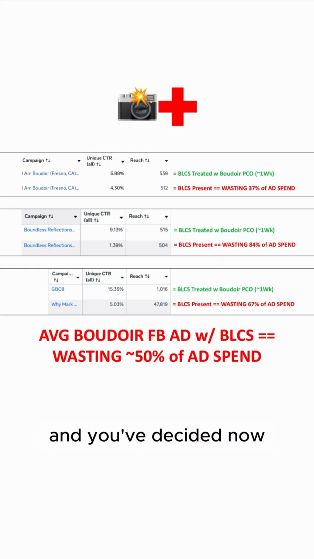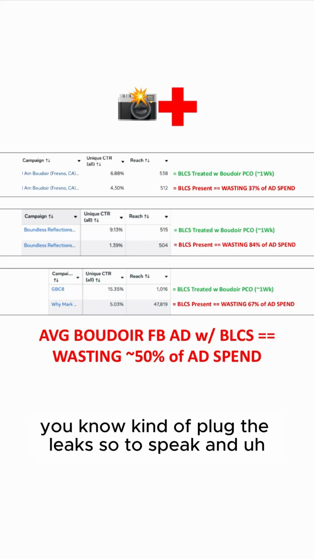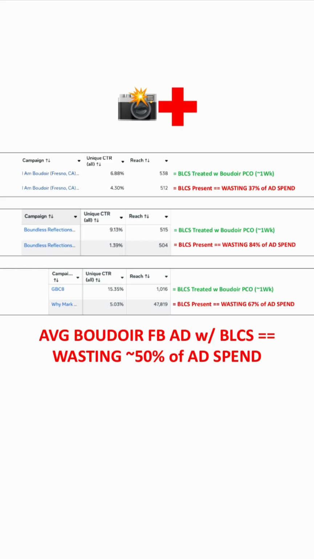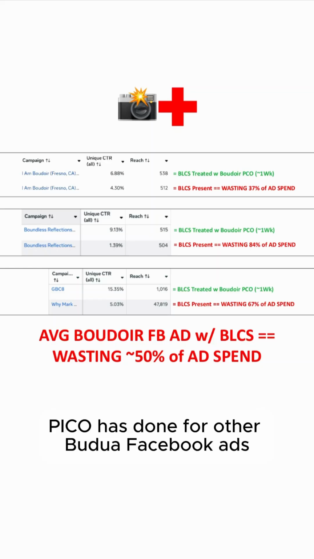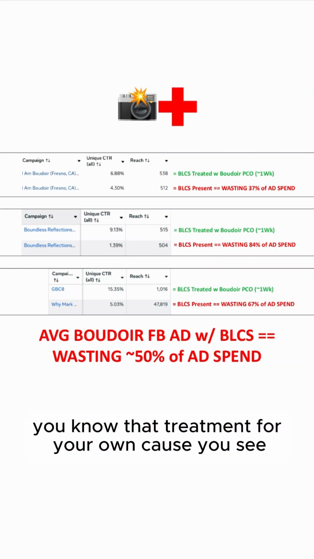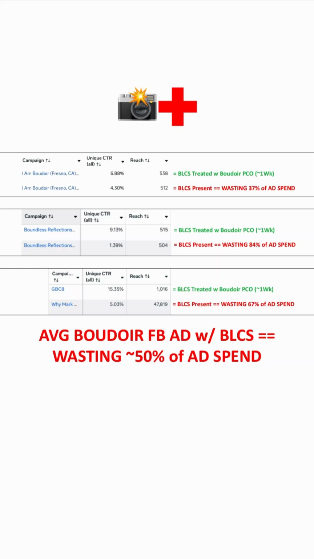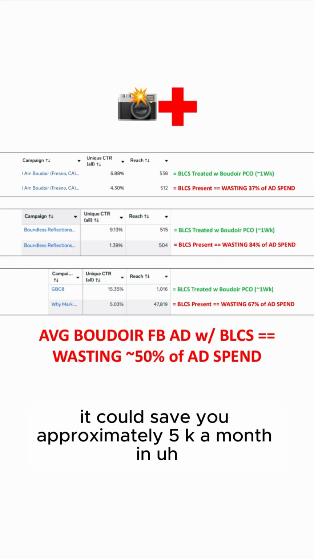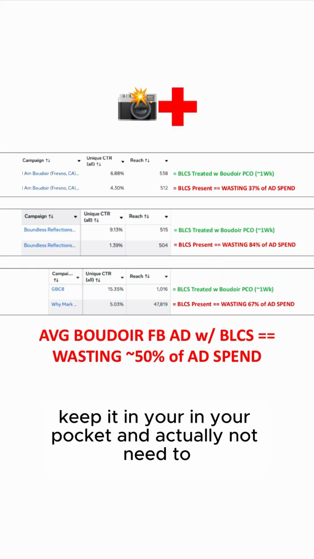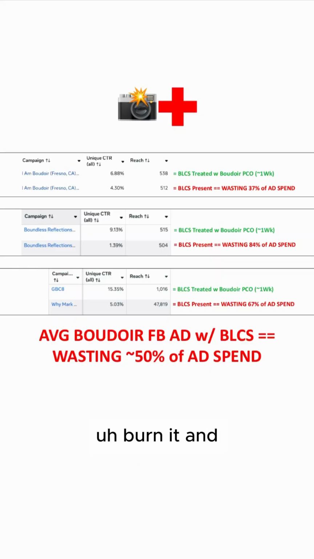And you've decided now you want to extract that same optimization through your current boudoir Facebook ads. And you want to kind of plug the leaks, so to speak, and keep that more money in your pocket instead of the Zuckinator's pocket. And you've seen what Boudoir Pico has done for other Boudoir Facebook ads, and you want to have that treatment for your own, because you see it could save you approximately 5K a month, eliminate that wasted ad spend, keep it in your pocket, and actually not need to burn it.